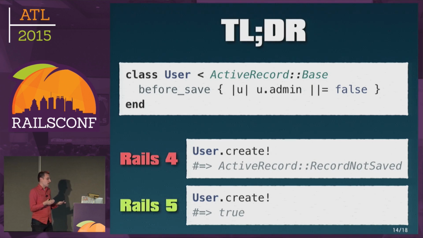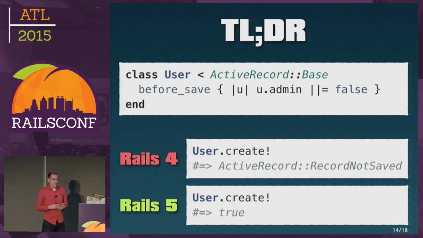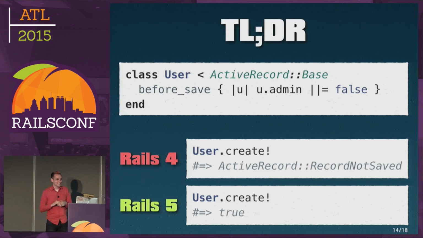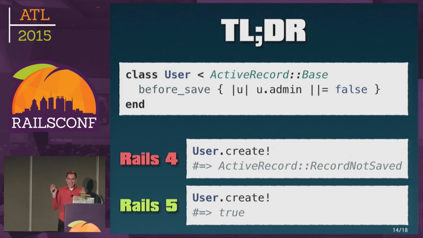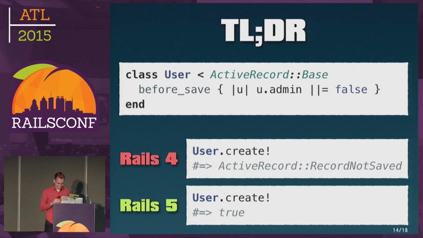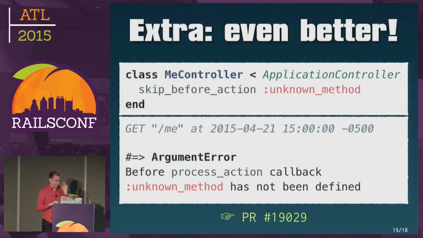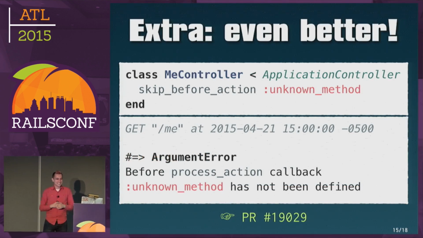But that's also why I thought it was important to explain this today, even though Rails 5 is not out yet. Okay, are you guys happy about this too? Okay. So, other things that are going to change with callbacks in Rails 5.